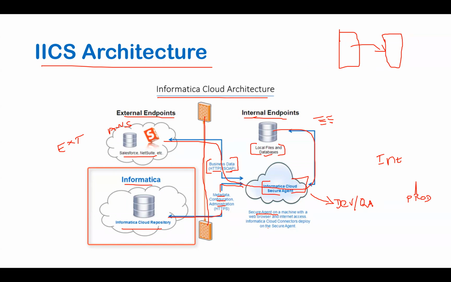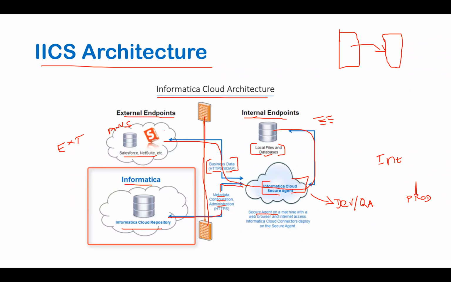If you ask me to summarize, we have an on-premises server, that is our local RDBMS and flat files, and our cloud server also. That is our organizational data. We fetch that data and load it into external endpoints, that is our cloud databases or any other databases.